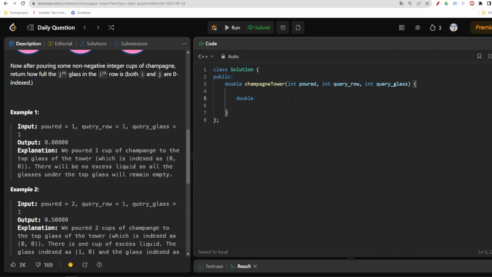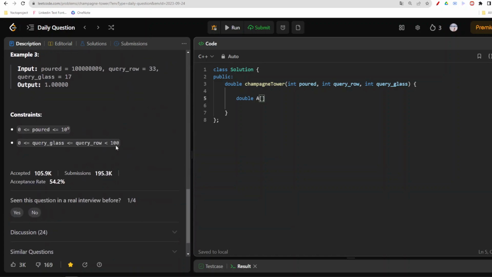So the array type would be double, and as you can see, max rows and glasses could be 10, right? So let us take 2 as some extra number, and we will be initializing it with 0.0 because it is the double type, right?